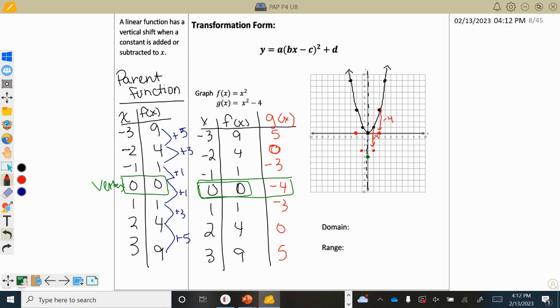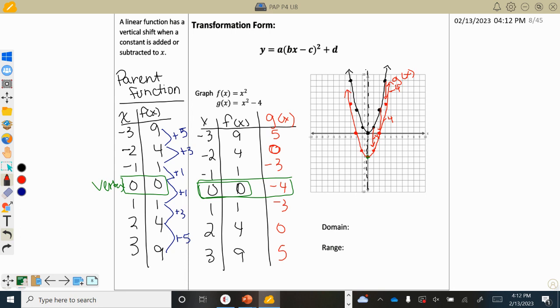And then at 3, 5, and -3, 5, this point got shifted down 4 units. Okay? So we connect our points. Okay? There's our g of x.